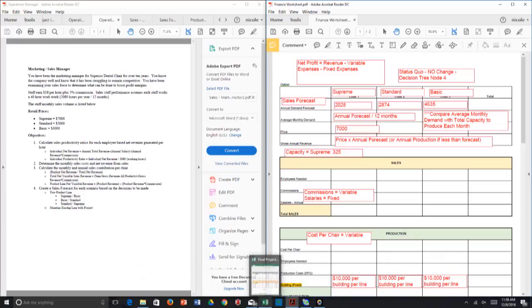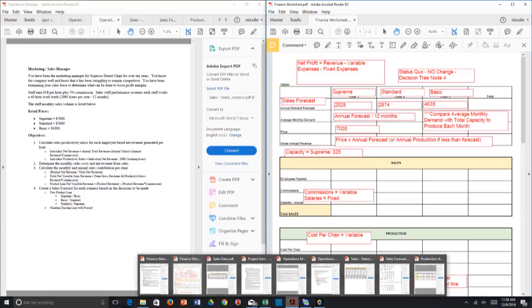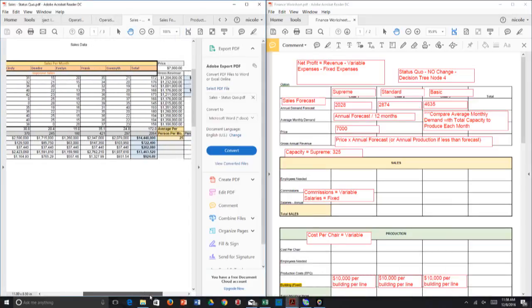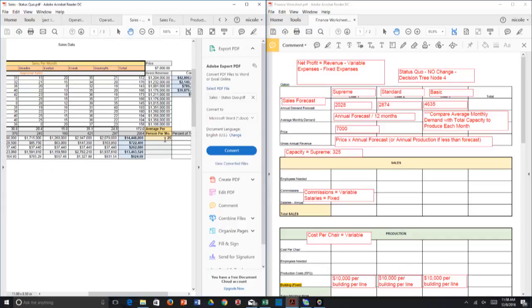So we go back to our sales worksheets. And remember that for our Supreme, the average person can sell 25 chairs per month. So I'm going to make a note of this.